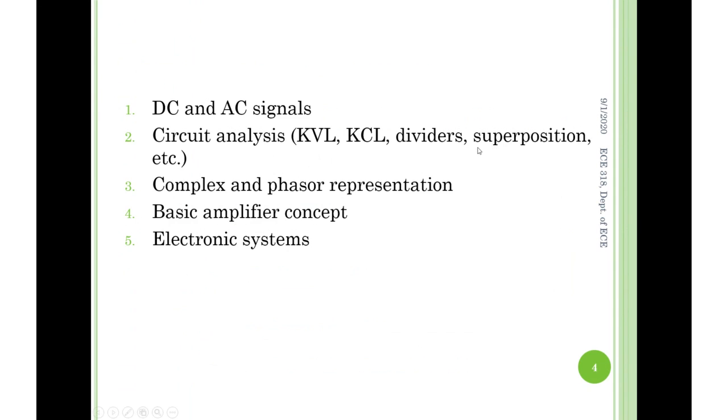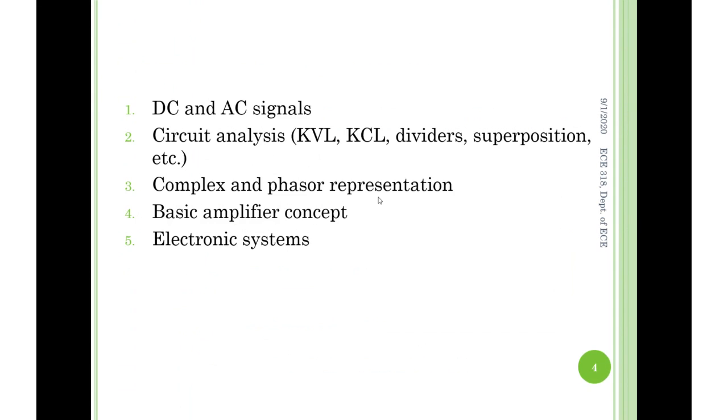And the superposition theorem, etc. The etc. is supposed to involve the Thevenin and Norton theorems as well, right? And then we will talk about complex numbers and phasor representation of AC signals. I know many of you are not taking 335 yet, but don't worry. This 318 course involves only the minimum of AC knowledge, the very basics.